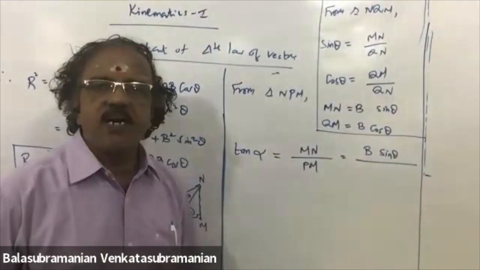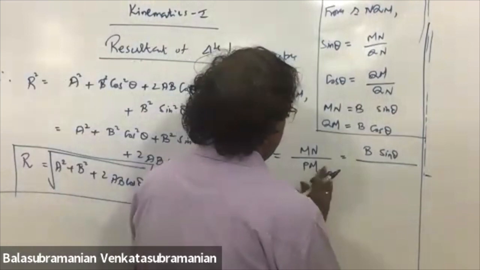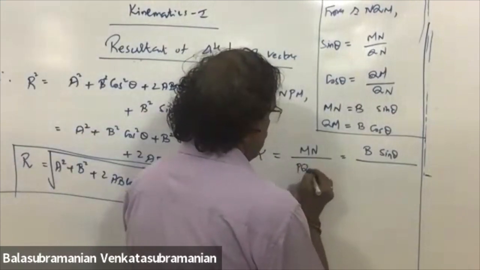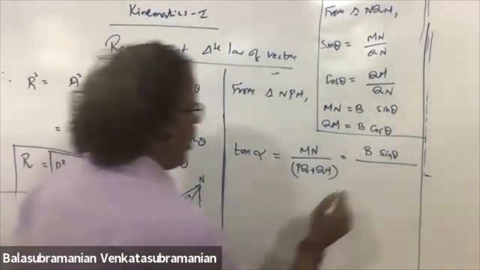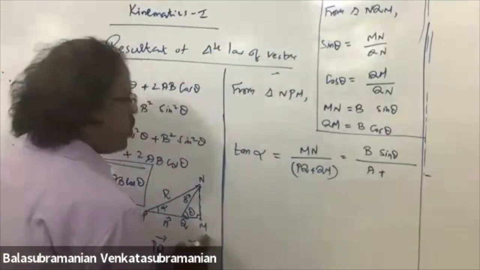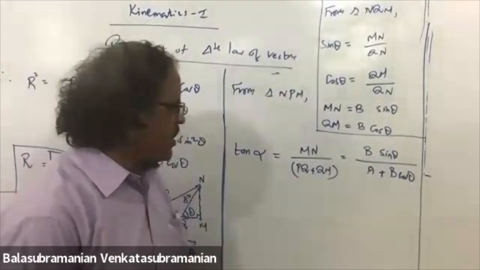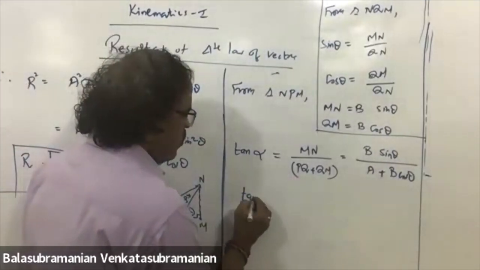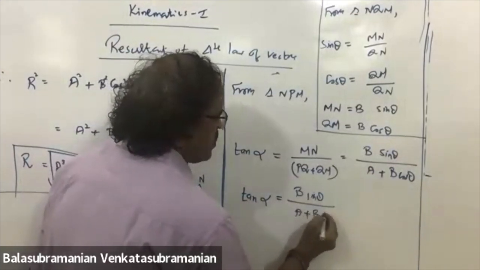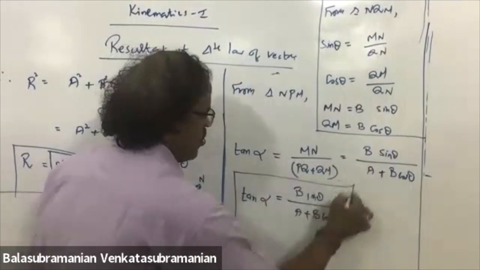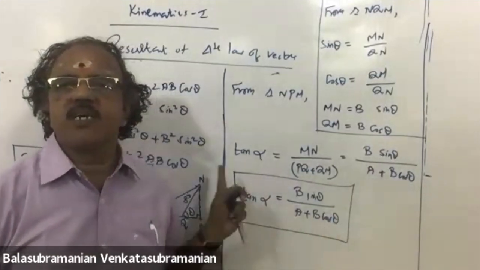So B sin theta by PM. What is PM? PQ plus QM. PQ is what? A, plus QM is B cos theta. So the resultant tan alpha is equal to B sin theta by A plus B cos theta.